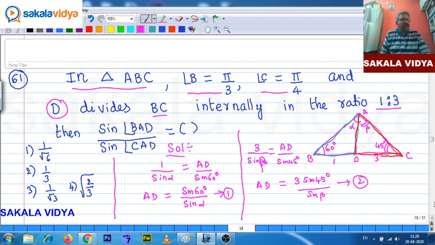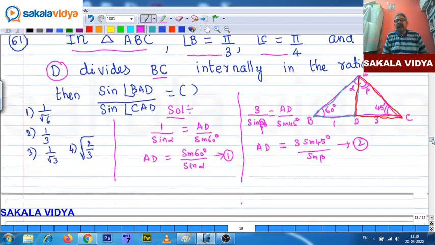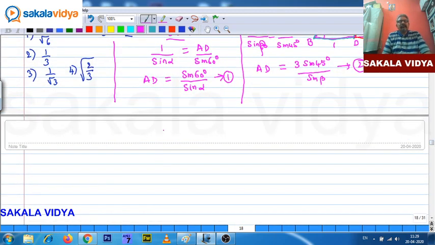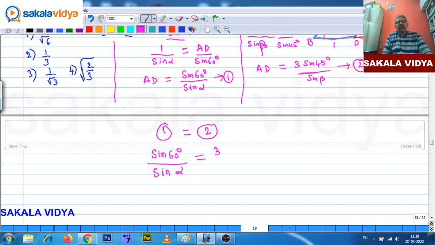Now what do you observe? From 1 and 2, we can equate 1 equal to 2. That means sin 60 degrees upon sin alpha equal to 3 sin 45 degrees by sin beta.